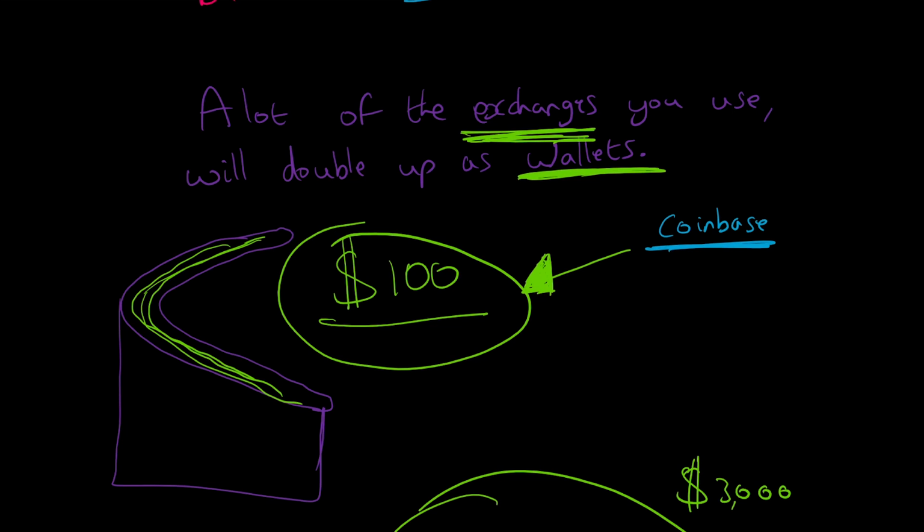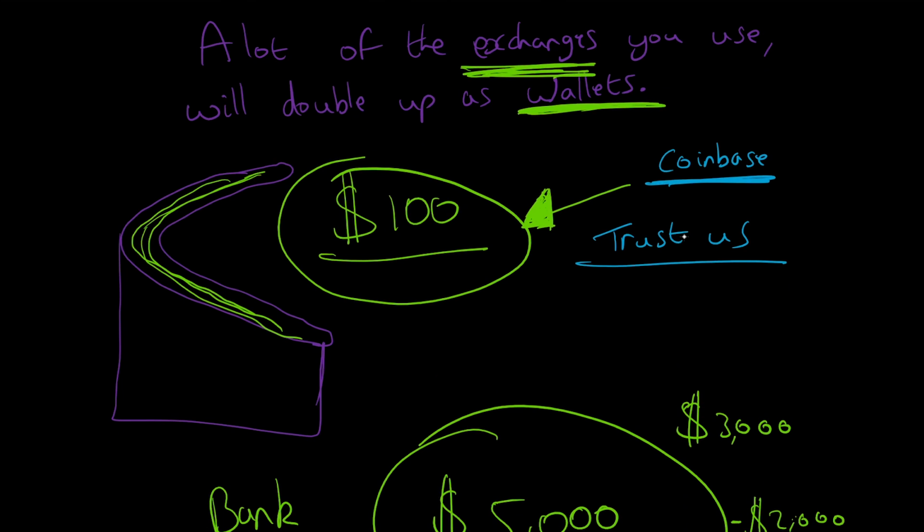What Coinbase is saying is trust us, and not just Coinbase. Again, I don't want to pick on just them, because I think Coinbase are fantastic. Their service is great, their app is great, etc., etc. But they're saying trust us. We will store your currency, whatever it is, and as long as we're still in business and still able to operate, you can withdraw it.